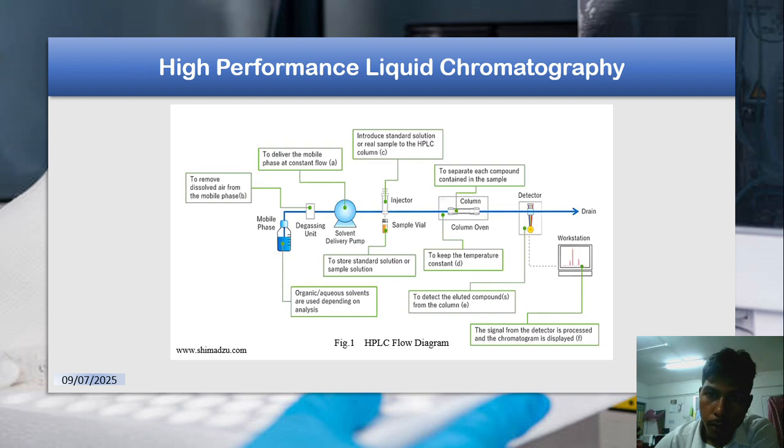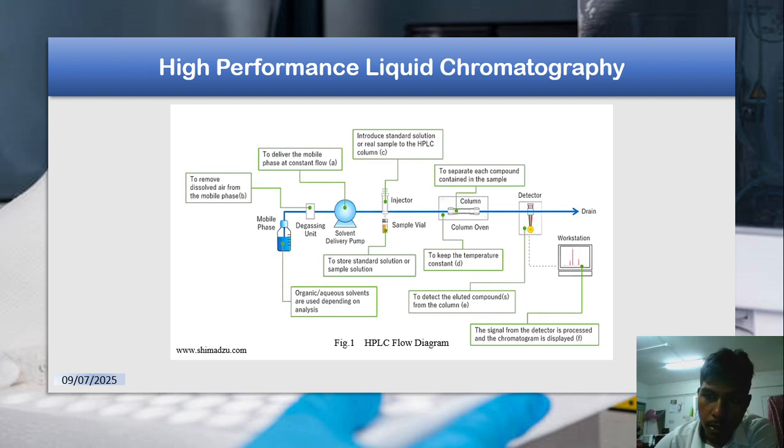The detector then sends a signal to the computer, and it gives a chromatogram, a graph of absorbance versus retention time.